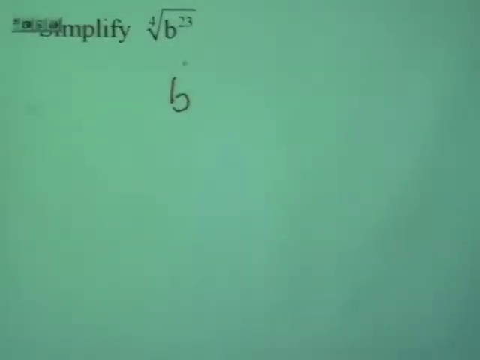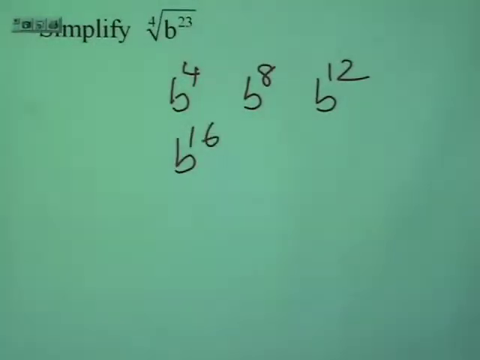b to the power of 4 is a perfect 4th power. b to the power of 8 is a perfect 4th power. b to the power of 12, b to the power of 16, b to the power of 20 are perfect 4th powers.